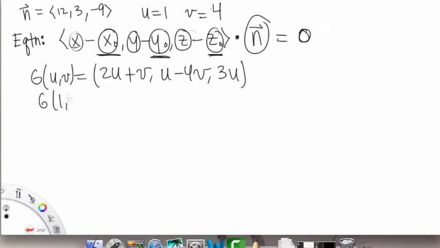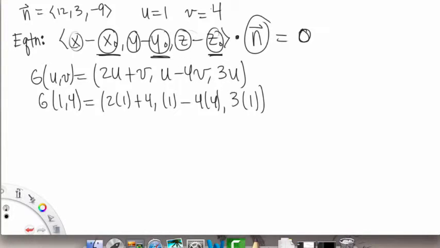If we plug in a 1 and a 4, we have 2 times 1 plus 4, then 1 minus 4 times 4, and then 3 times 1. This turns out to be 2 plus 4, which is 6, then 1 minus 16, which is negative 15, and then 3. In effect, this is our x naught, y naught, and z naught, because these are the coordinates at the point we chose, which was u equals 1 and v equals 4. Anyways, you can ignore that arrow.